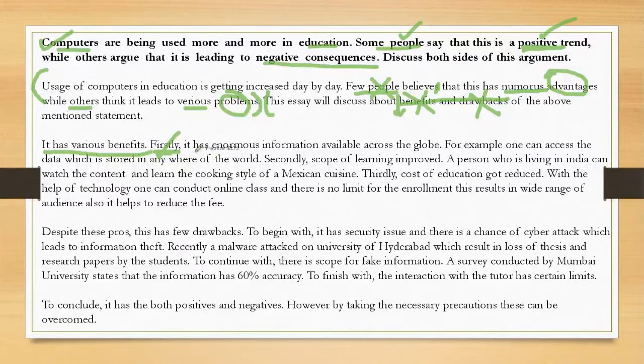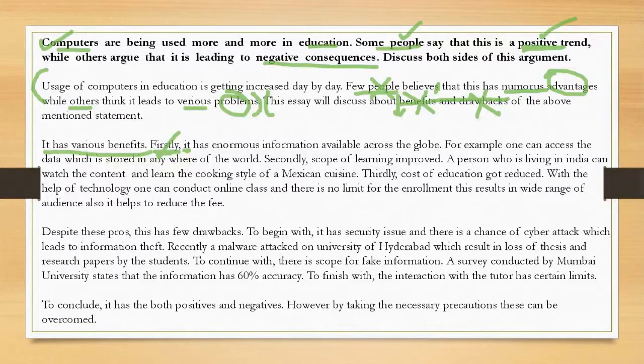And he's saying it has enormous information available across the globe. So this is a very half sentence. It's not very clear. So what we write is, it provides, here it refers to computers. We'll say it provides enormous information at the click of a button. At the click of a button, you get so much information through search engines such as Google.